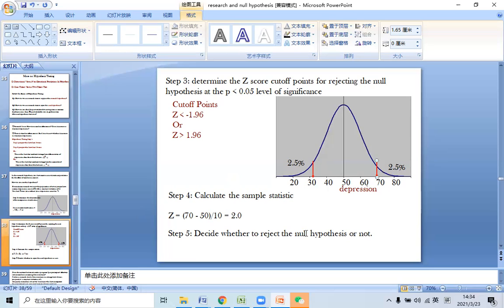At the same time, you decide to support the alternative hypothesis, or the research hypothesis, which says the two populations have different means. Those people who drink and those people who don't drink have different average depression scores.